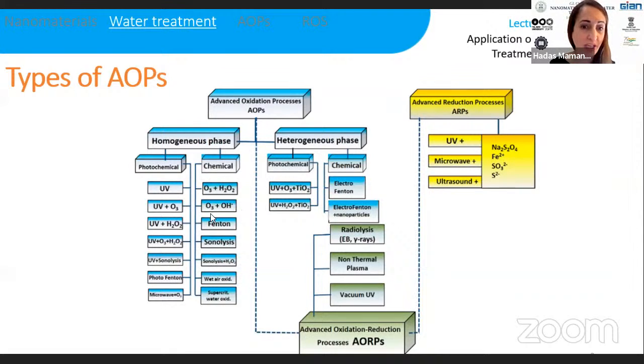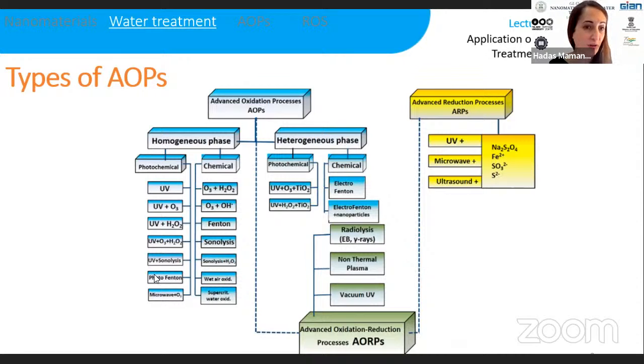We can have all these photochemical processes, which are basically homogeneous processes based on UV photons. So we can have UV combined with ozone, UV with hydrogen peroxide, UV with ozone and hydrogen peroxide, UV with sonolysis, photo-Fenton, and microwave ozone.